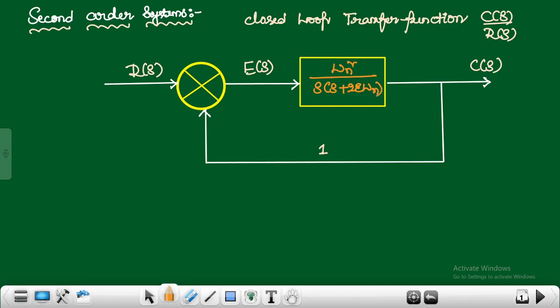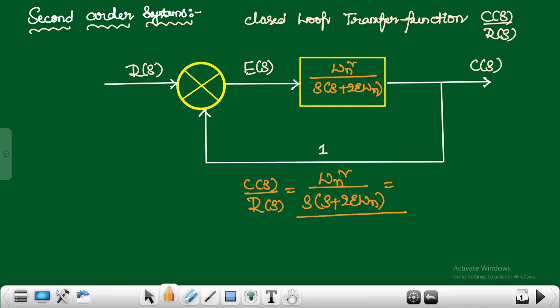For this we can write C of s divided by R of s equals omega n square divided by s into s plus 2 zeta omega n, whole divided by 1 plus omega n square divided by s into s plus 2 zeta omega n, into 1.